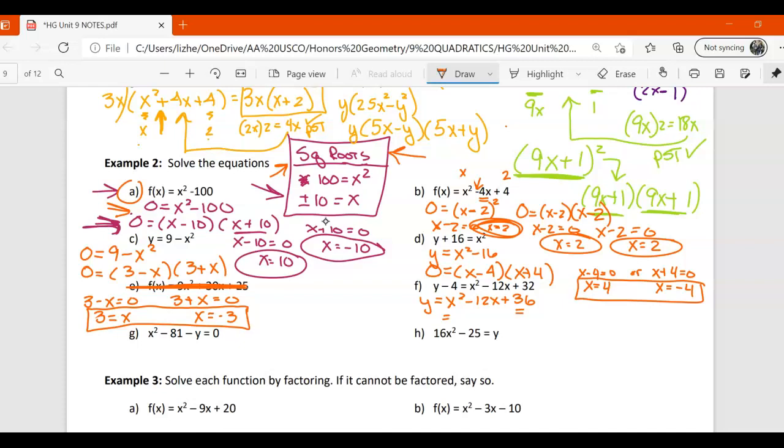So let's see if it's a perfect square trinomial. The square root of x squared is x, the square root of 36 is 6, 6 times x is 6x, and then you have to double it, so you get 12x. And that is exactly this number here, yay. So it's a PST, perfect square trinomial.